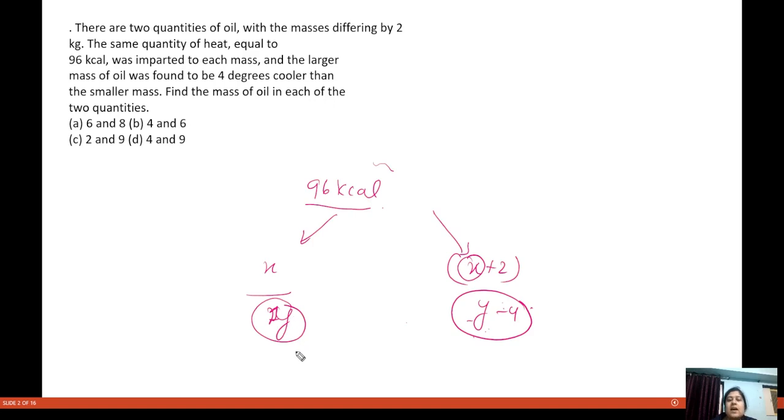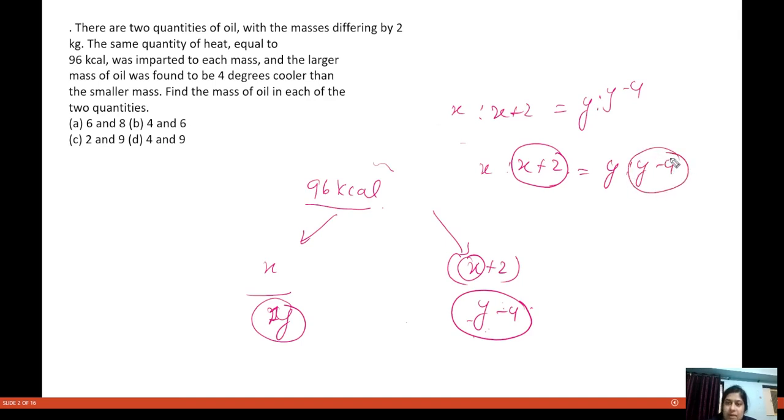Now see what the ratio and proportion will be. x is to x plus 2 equals y is to y minus 4, because you increase the oil by 2 kg and then your temperature drops by 4 degrees. But we'll get only one equation here.